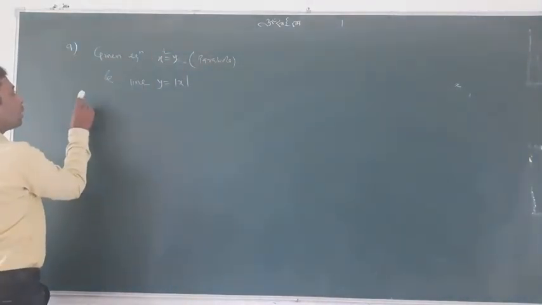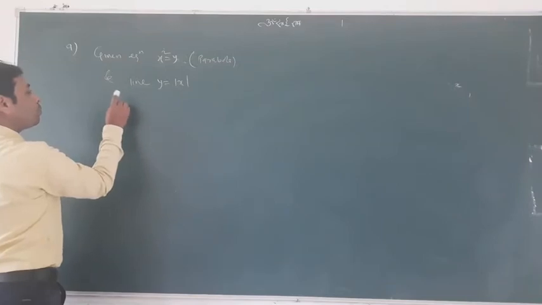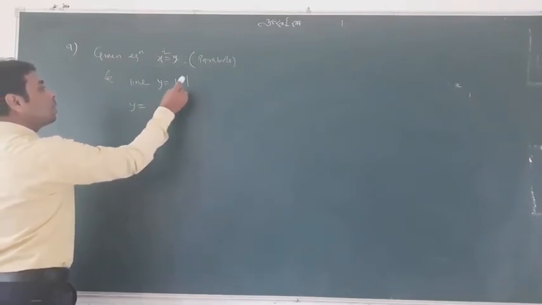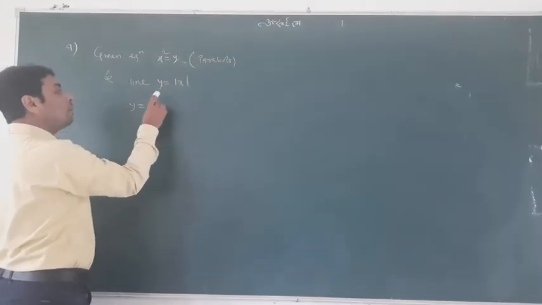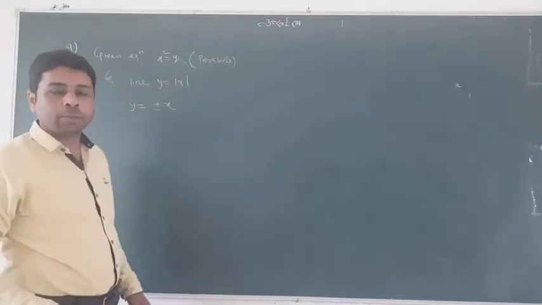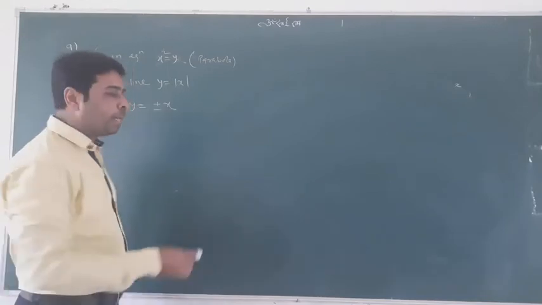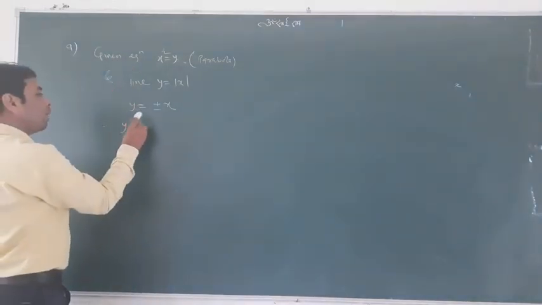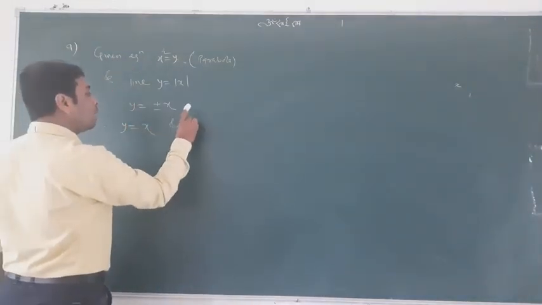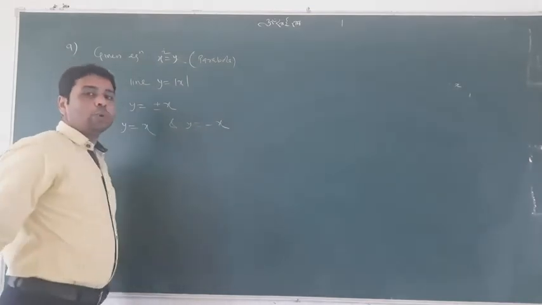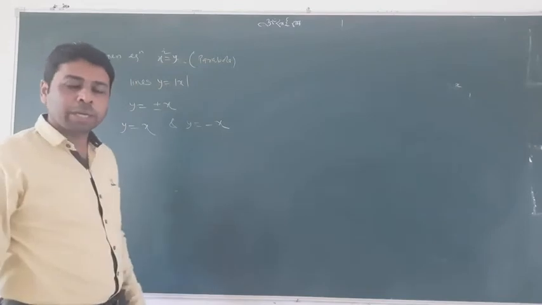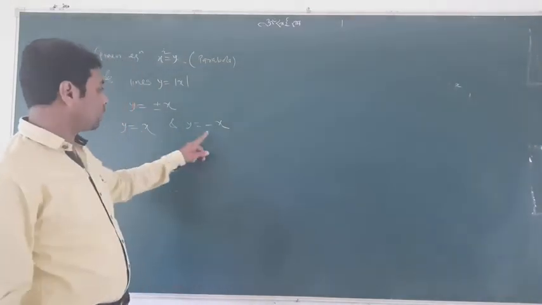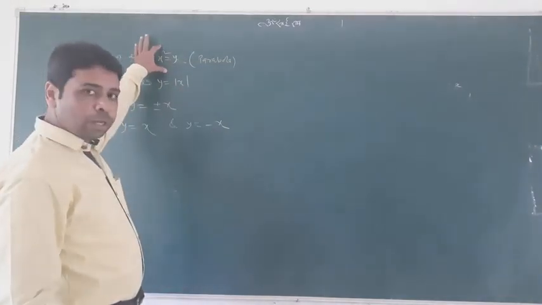When we remove the mod sign, both signs come, plus and minus: y equal to plus minus x. Then it has two lines, y equal to x and y equal to minus x. So I would say we actually have not one line but lines, because it contains two lines, this and this. So ultimately we have the parabola and two lines.